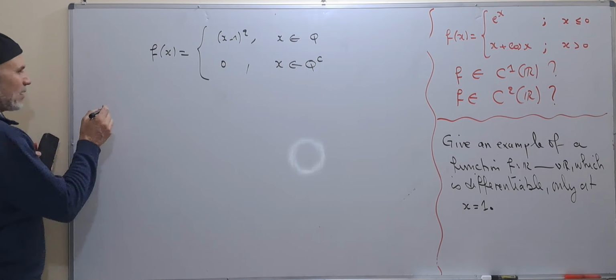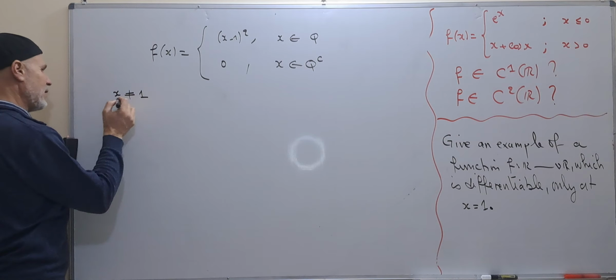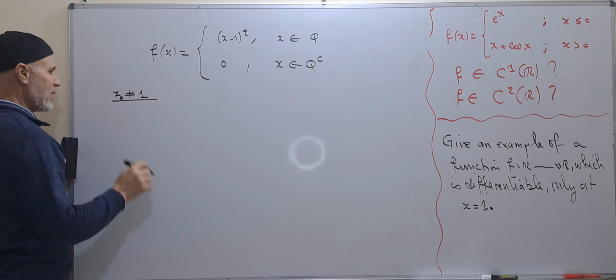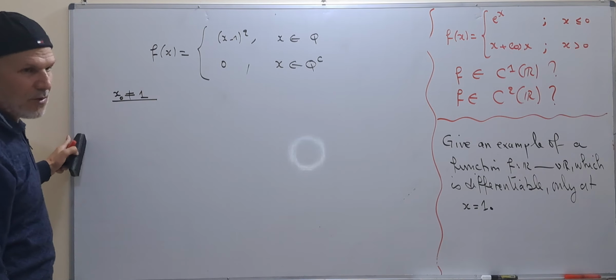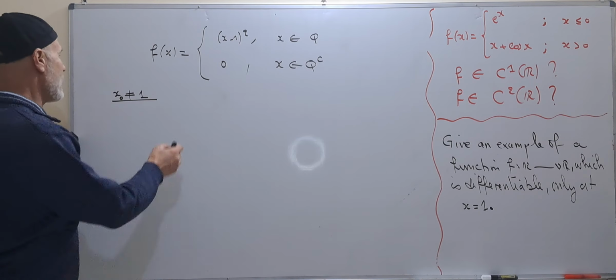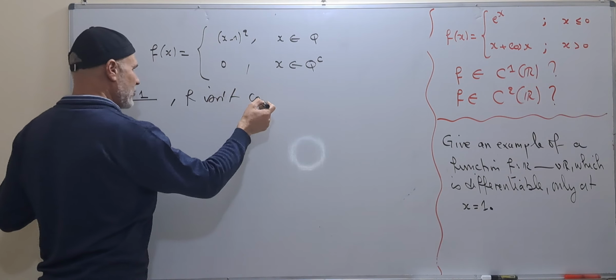We suppose that x0 is different from 1. This function is not continuous. So f isn't continuous.